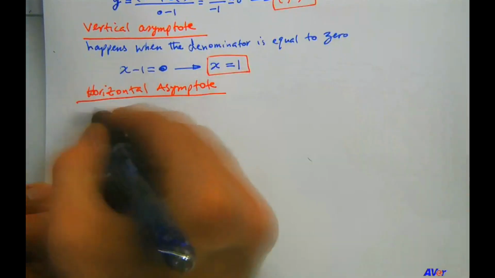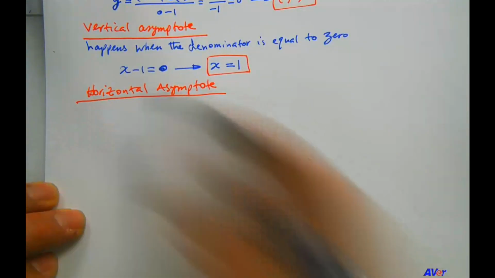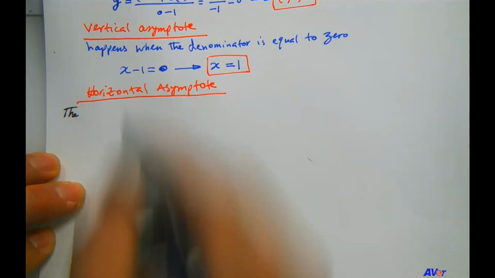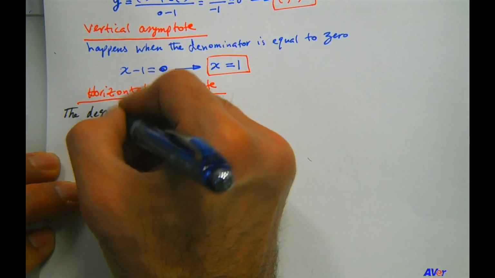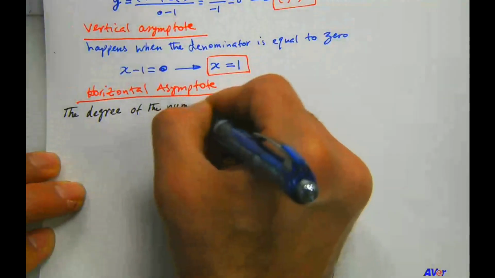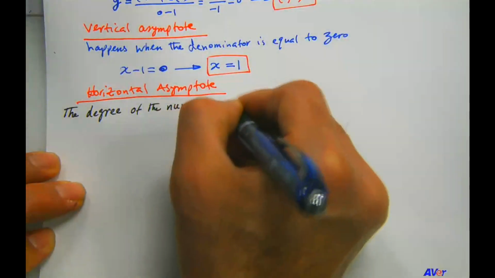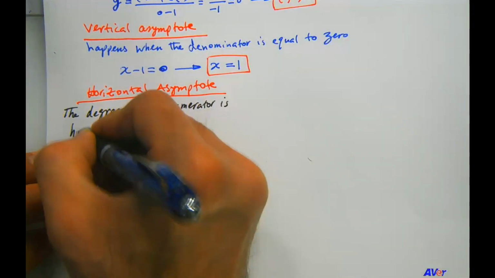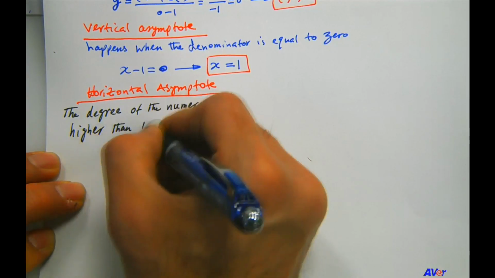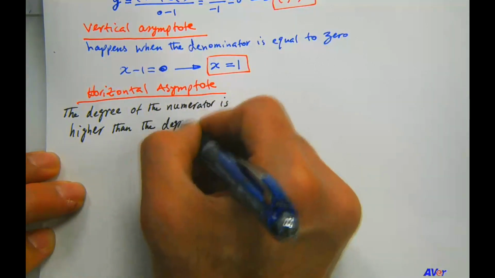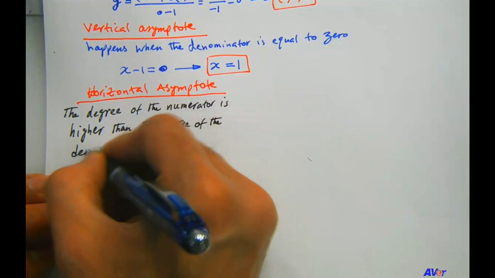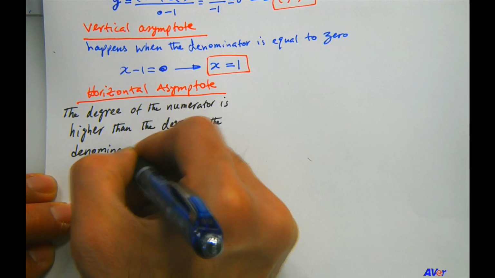So let me quickly summarize what we just discussed: the degree of the numerator is higher than the degree of the denominator.